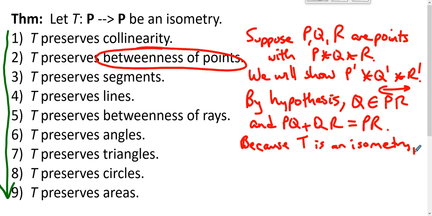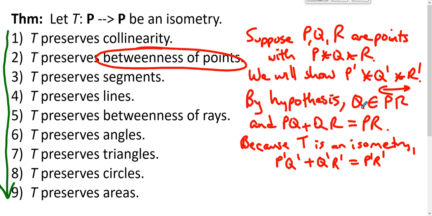Then for all the images, the distance between P and Q is the distance between the image of P and the image of Q. The distance between Q and R is the distance between the image of Q and the image of R. And the distance between P and R is the distance between the image of P and the image of R. This is almost enough to show betweenness. What else do we need?